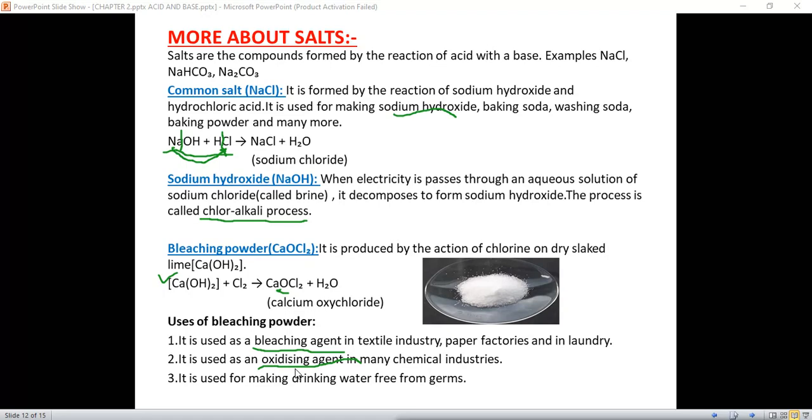It is used for making drinking water free from germs. You have seen in your house that sometimes we use bleaching powder to kill germs in the water. These are the three uses of bleaching powder: a bleaching agent, an oxidizing agent, and for killing germs. So it is used as a disinfectant also.